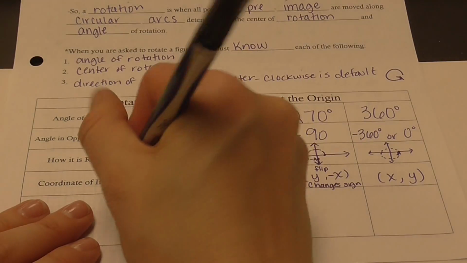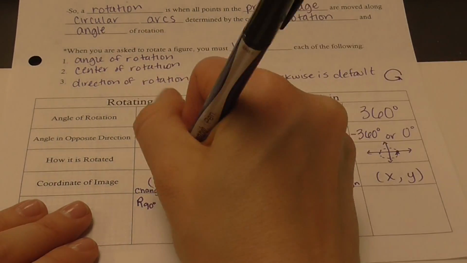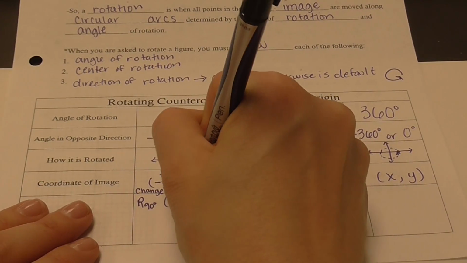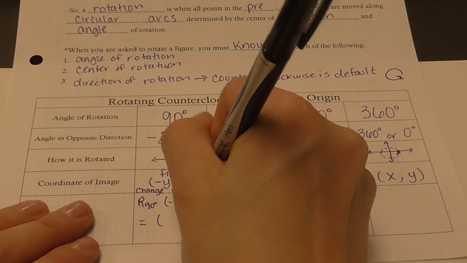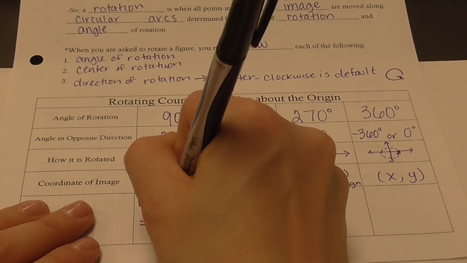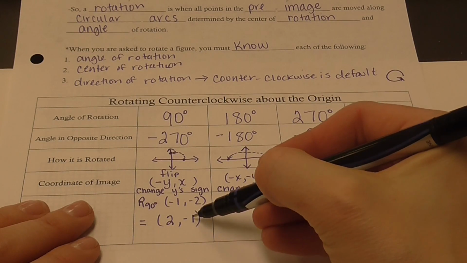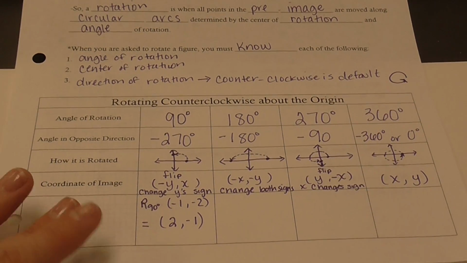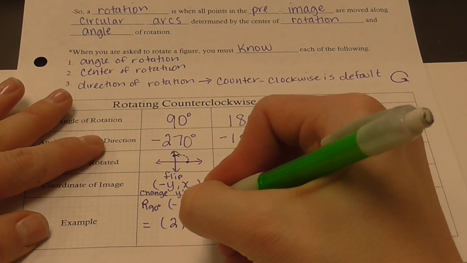So what it looks like is a rotation of 90 degrees. If I started with the point (-1, -2), for example, that equals, switch them and change the sign, so -1 comes with it as it moves over here.